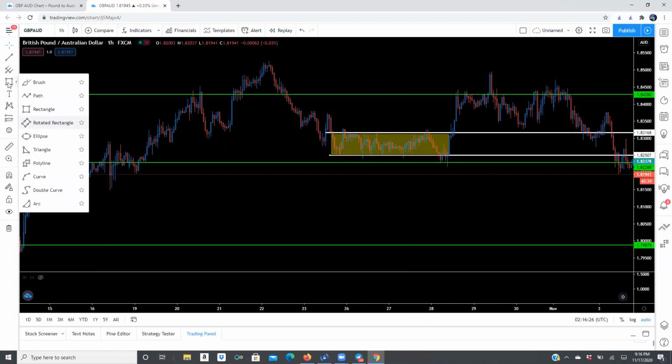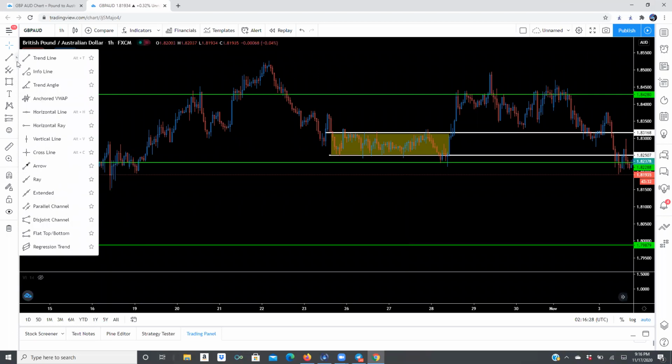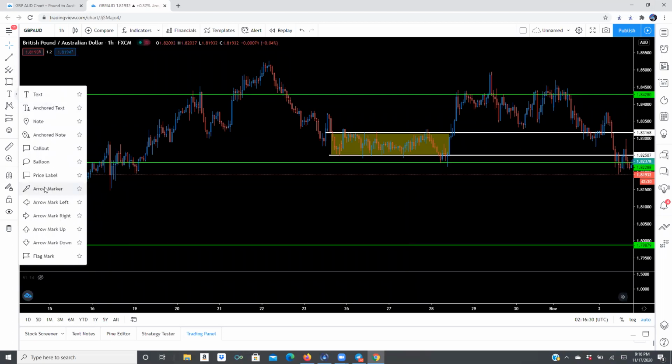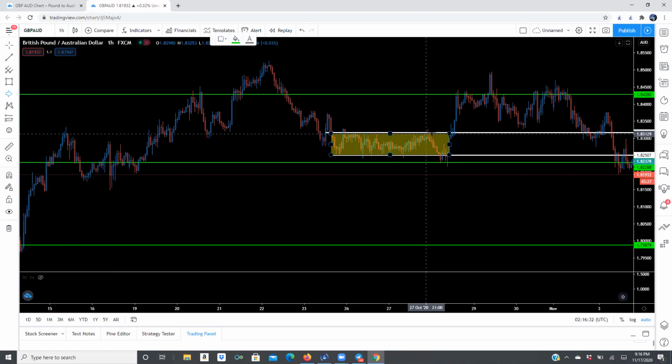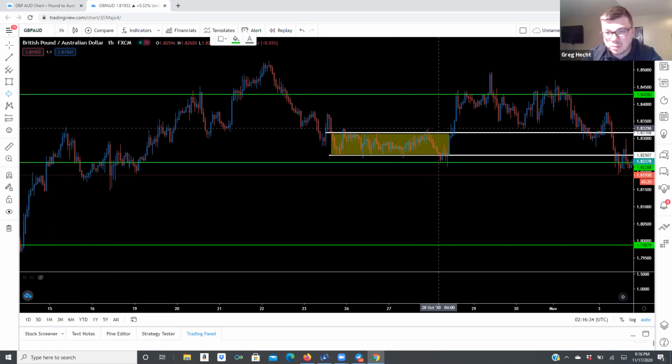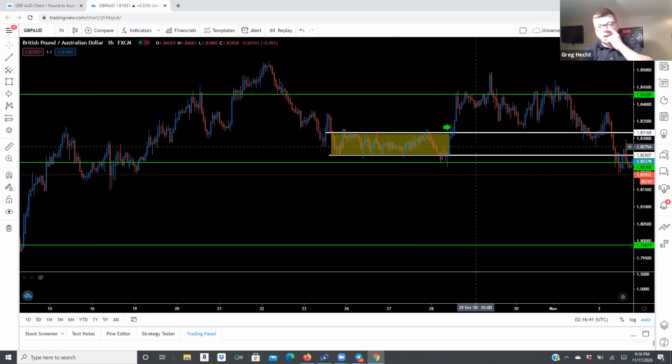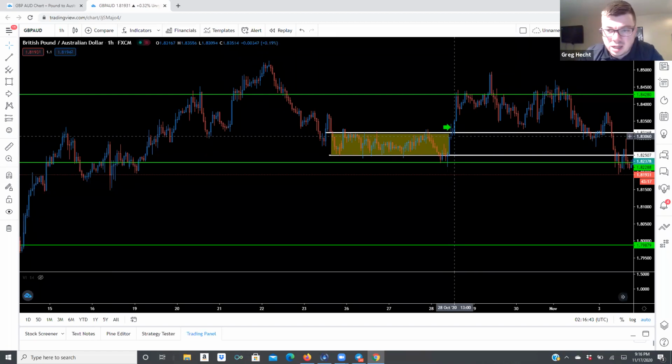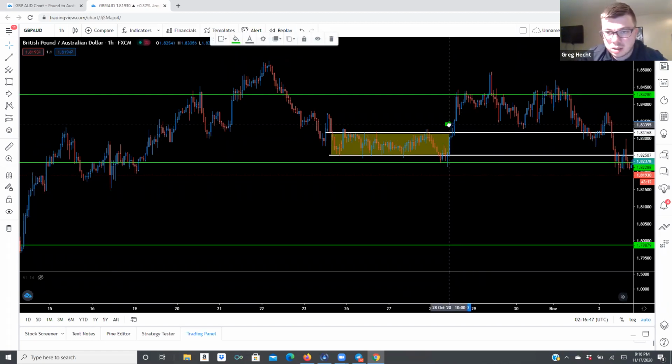And where is my arrows? Okay, what did we see over here? Sideways. Right here, sideways. Okay, so we did get a bunch of wicks. It did close back in here, so we wouldn't have got in right away. We were waiting on this engulfing candle right here.